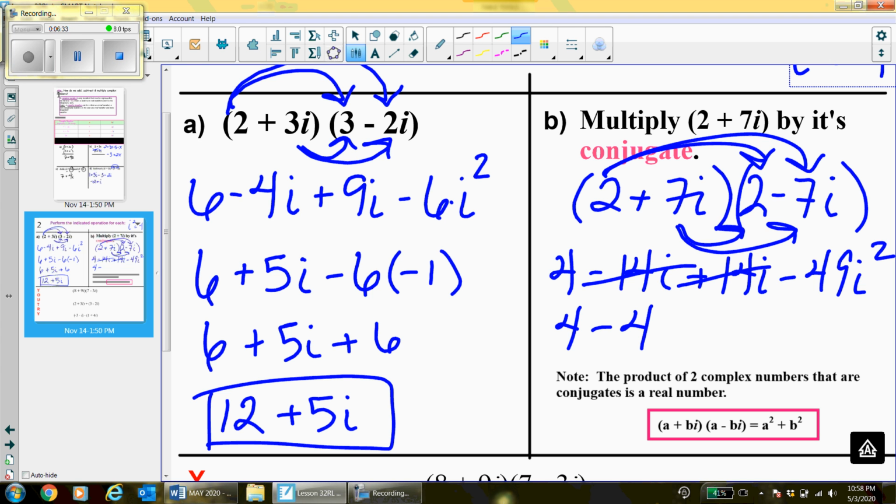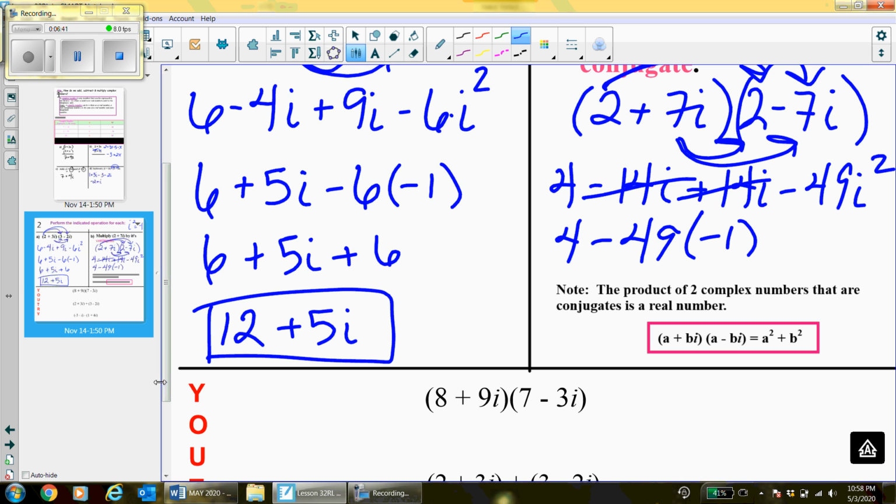-49i squared, and i squared is equal to -1. So that's 4 minus 49 times -1. So that means 4, and -49 times -1 is a +49. So 4 plus 49 is 53 as our final answer.